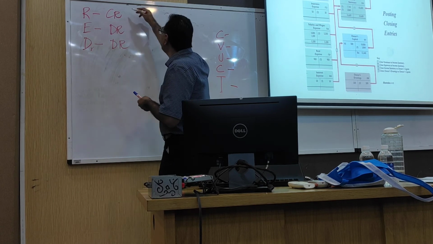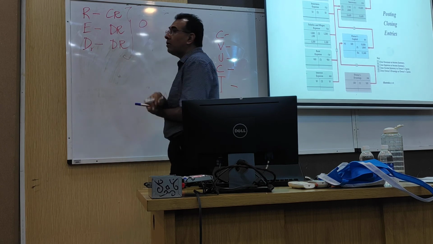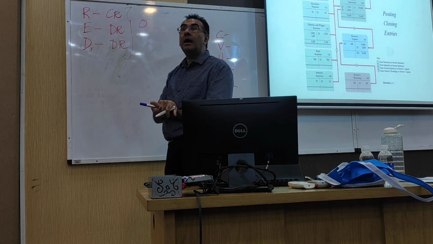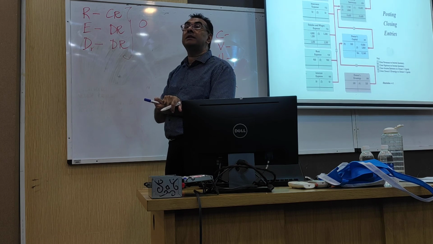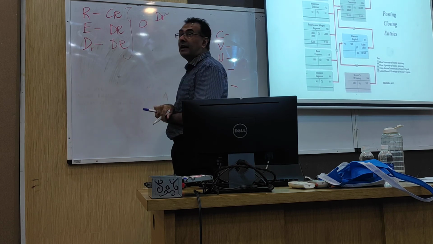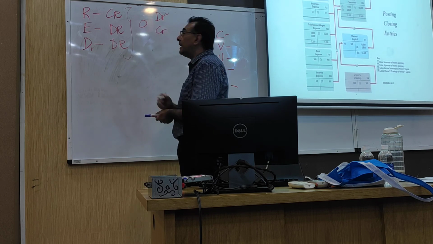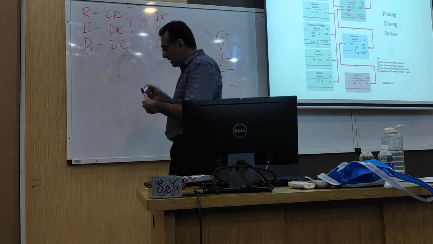So all I want to do is make these accounts equal 0, which means I need to debit my revenue account, credit my expense account, and credit my drawing account.